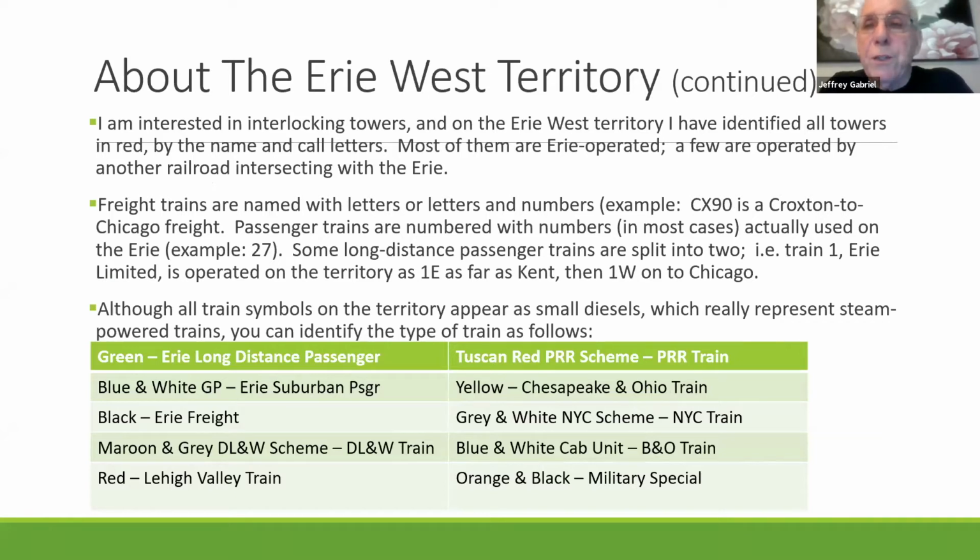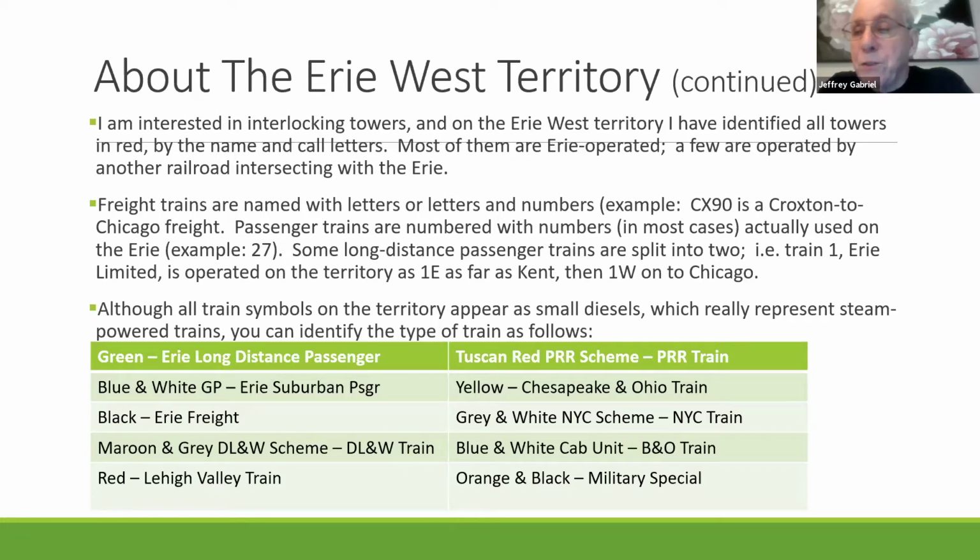I'm interested in interlocking towers, so I have identified them in red, by name and call number. I don't have all of them, but I have a large number of towers still operating. Freights are named with letters or numbers, like CX90 is Croxton to Chicago. Passenger trains are numbered with numbers in most cases, like 27, the Mountain Express.